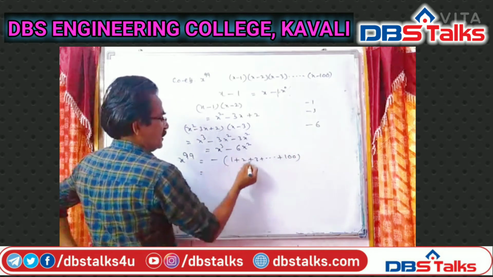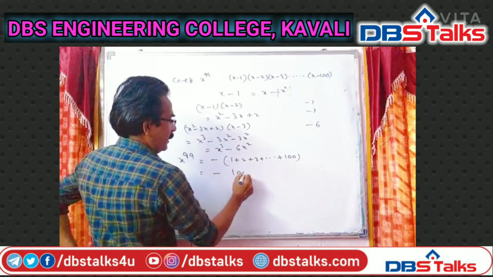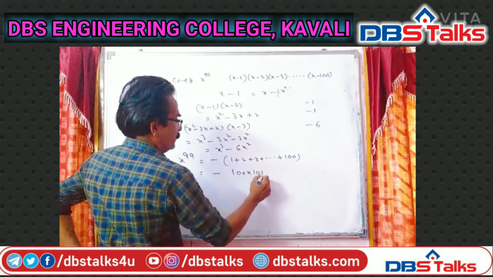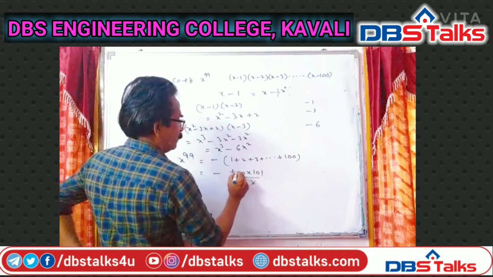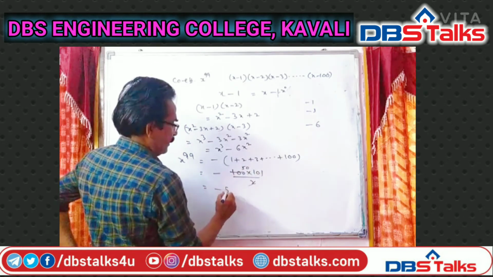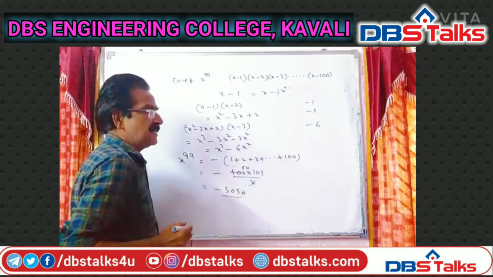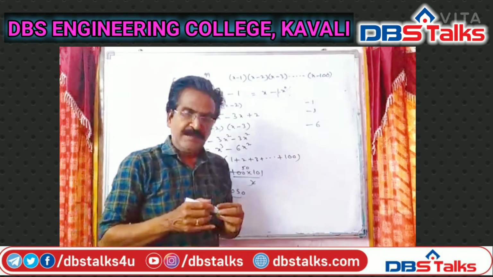This is equal to, by the formula n into n plus 1 by 2, minus 100 into 101 by 2. This is equal to minus 5050. Minus 5050 is your answer, friends.